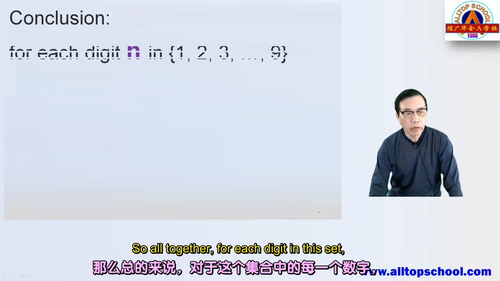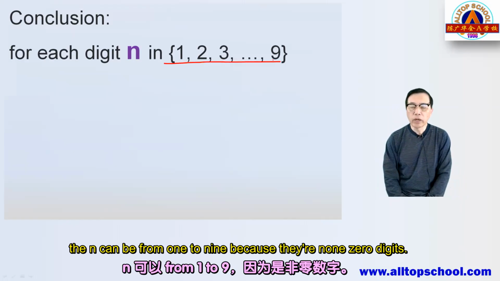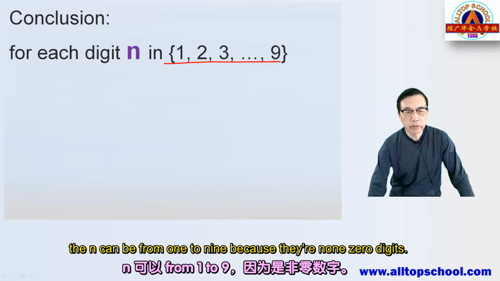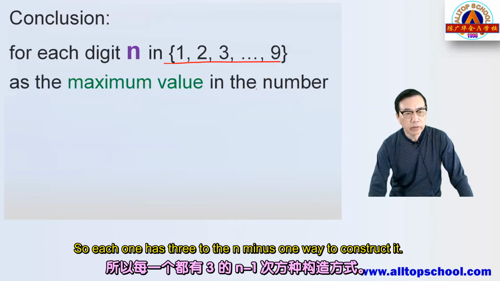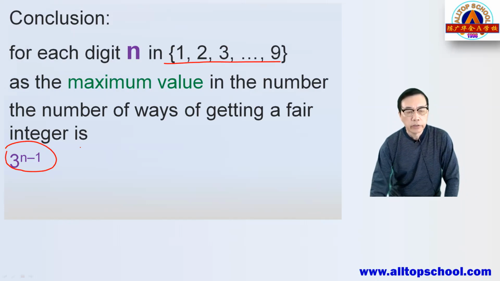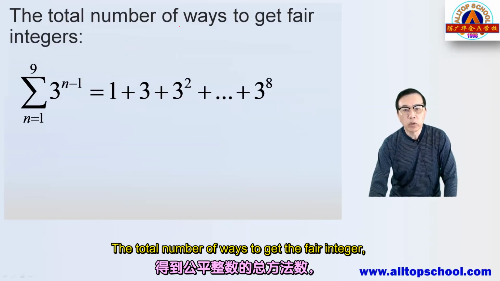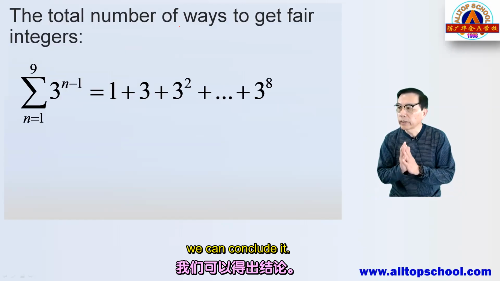So altogether, for each digit in this set, the n can be from 1 to 9 because 9 is the maximum digit. So each one has 3 to the n minus 1 ways to construct it. So therefore, we can just sum them up, the total number of ways to get the fair integer. We can conclude it.